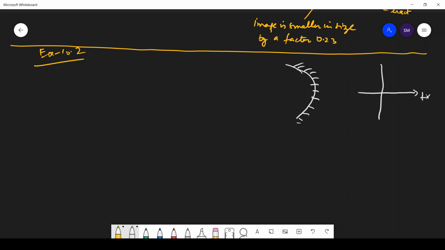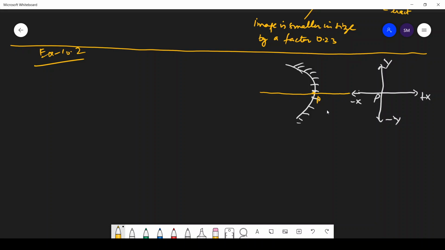So this is plus x, this is minus x, plus y, and minus y. So this is your pole, this point P here, and this is your principal axis, which you can take as x-axis.